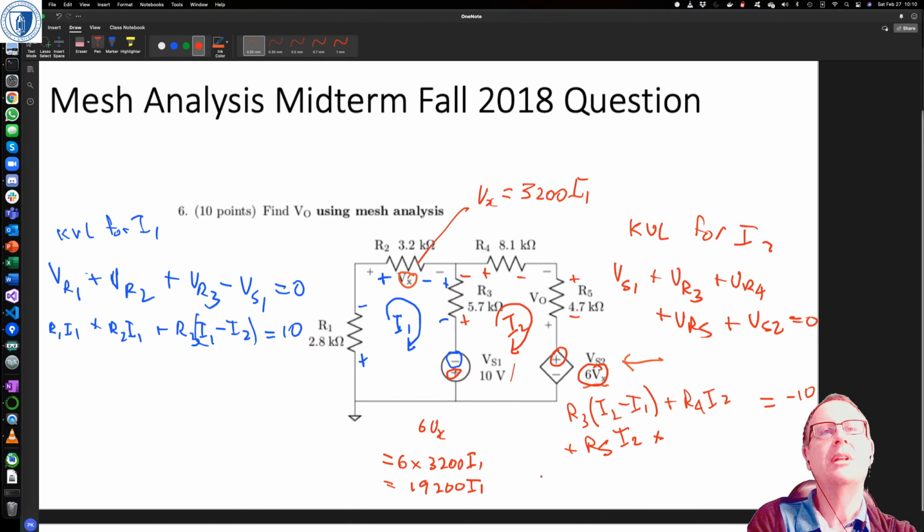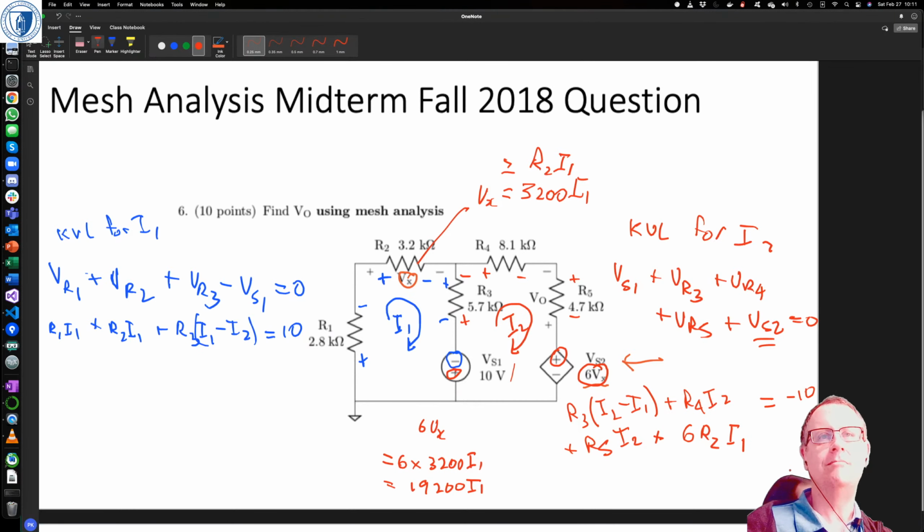Okay, so let's just write it out as Vx is R2 times I1. So that's 6 times R2 I1, that's our VS2.